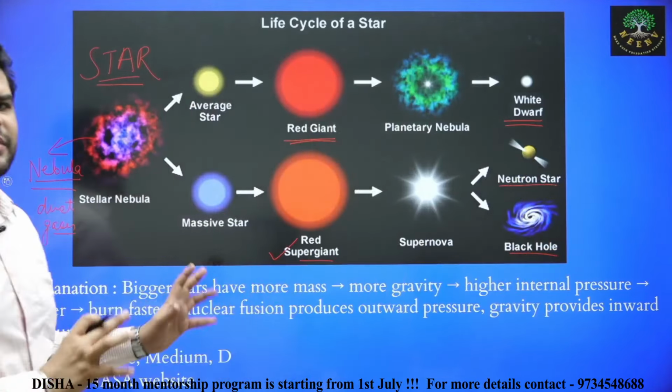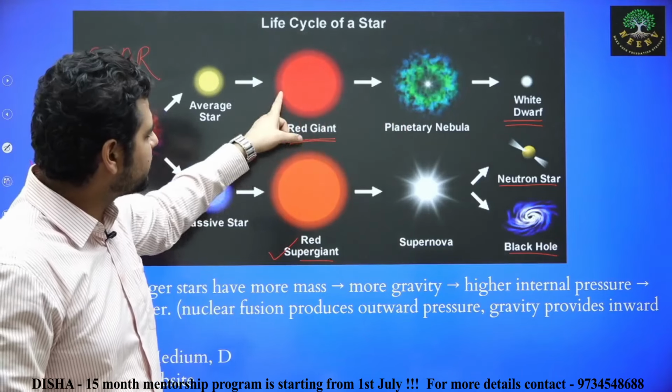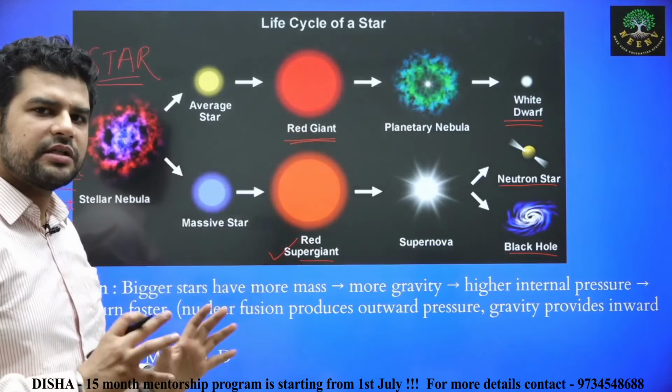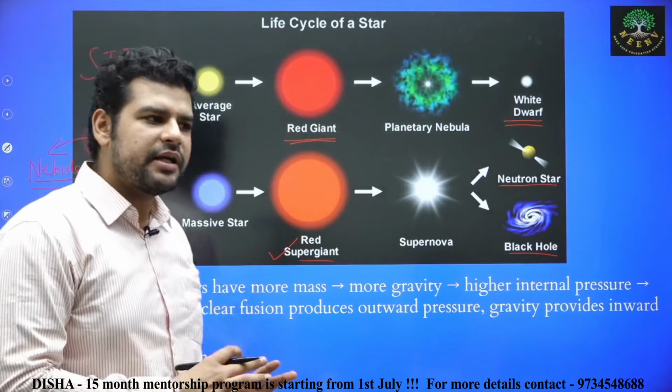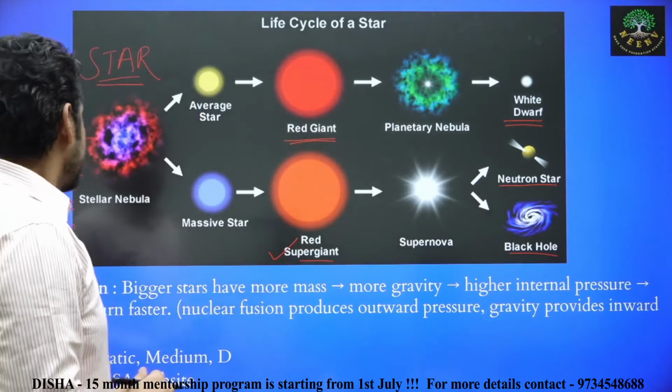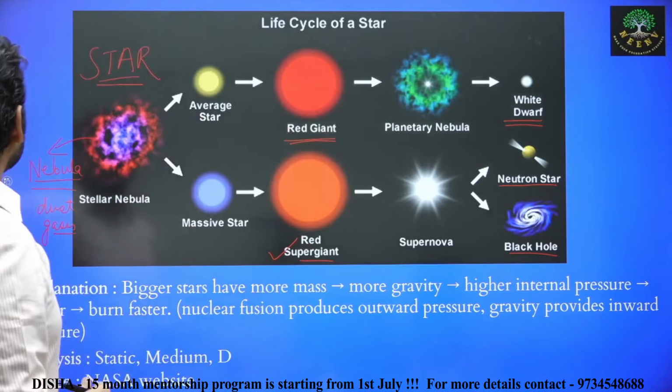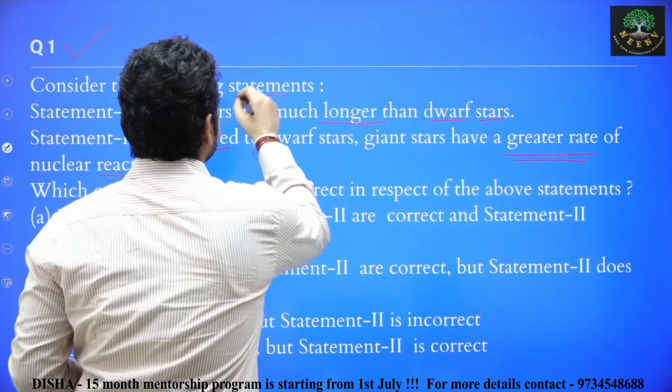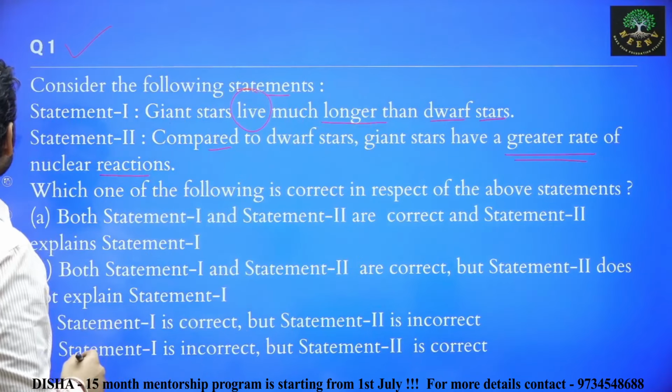But now let us see the question. So you have understood what the dwarf stars and giant stars are. These are the two things being compared in this question. The question is asking about the rate of nuclear reactions, and in the first statement about the life. Now let us understand this.